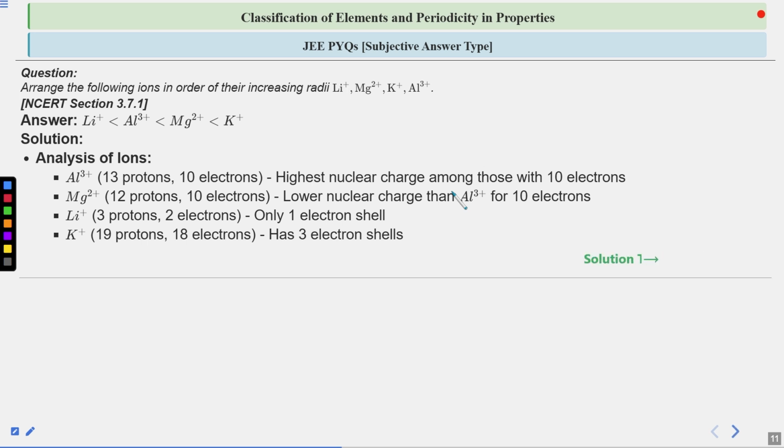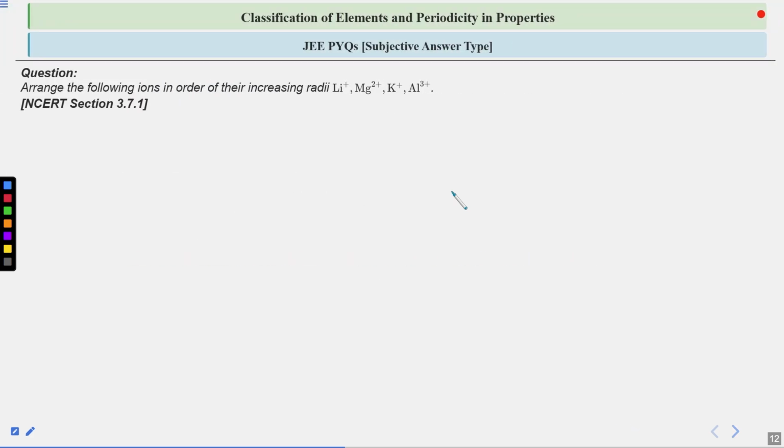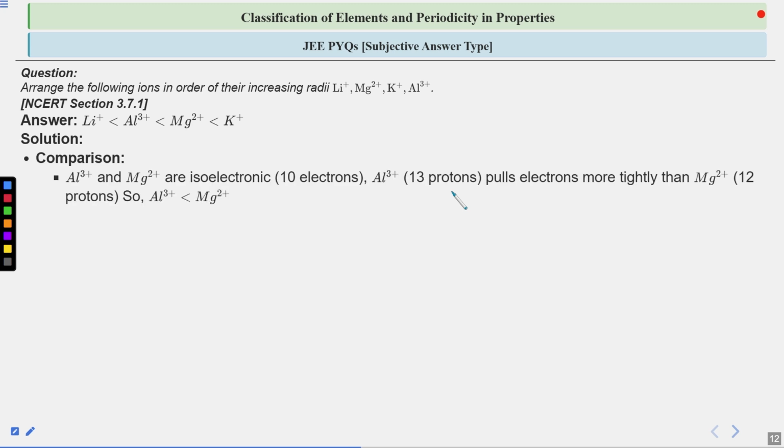Now we have done the analysis of all the ions. Then we can move on to comparison. So what is the first comparison? Aluminium 3 plus and magnesium 2 plus are isoelectronic. And since they are isoelectronic, aluminium 3 plus will be smaller than magnesium 2 plus.